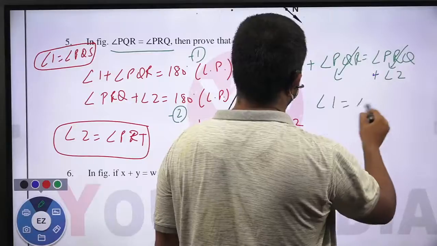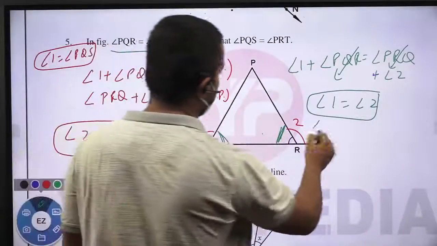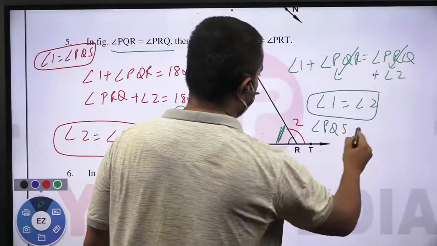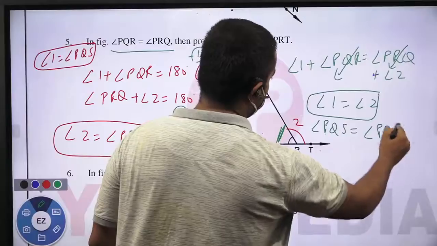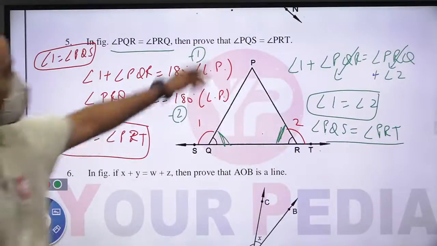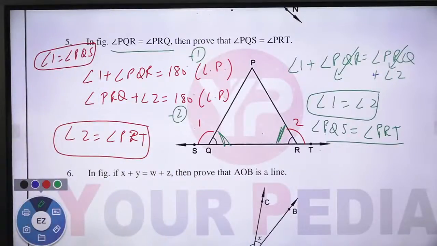So angle 1 will become equal to angle 2, and angle 1 is angle PQS, and angle 2 is angle PRT. So this we have to prove. I think angle PQS is equal to angle PRT. Again, from linear pair we can prove this.